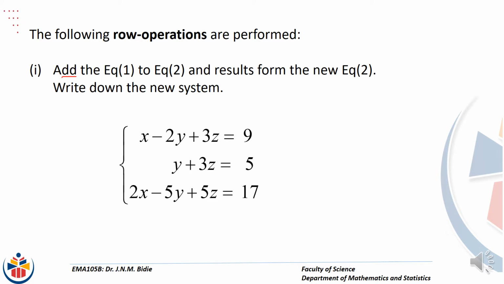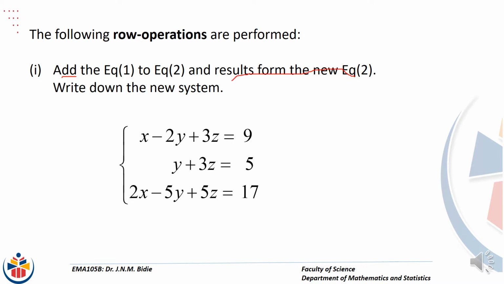Note that we are just adding them because it was x and minus x, so that we eliminate x in the second equation. Adding the equations also gave us the coefficient for y, the coefficient of z, and the constant, and it replaces the second equation.